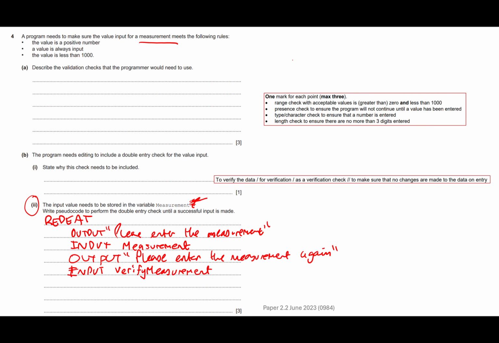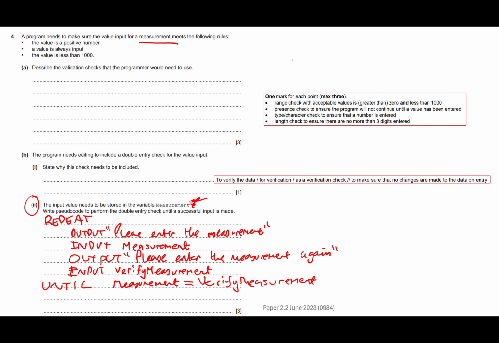Okay, and we've done that. Now we can do our exit condition in our loop. So it's until measurement equals verify measurement. Apologies for my not very neat handwriting there.